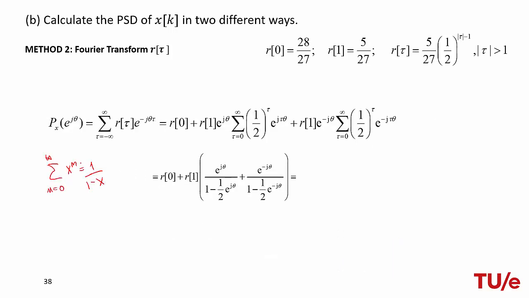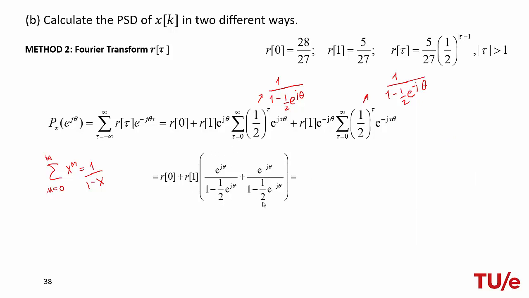So remembering once again the infinite sum, from the first sum I get 1 over 1 minus 1 over 2 e to the power of j theta. And from this one I get 1 over 1 minus 1 over 2 e to the power of minus j theta, which leads to this expression.